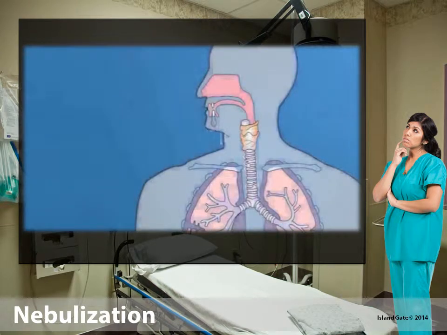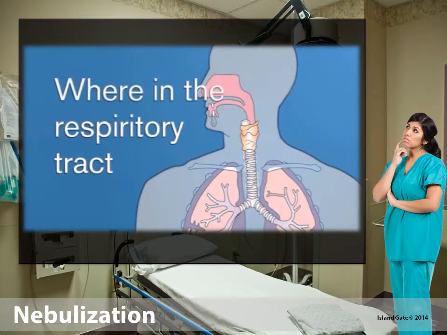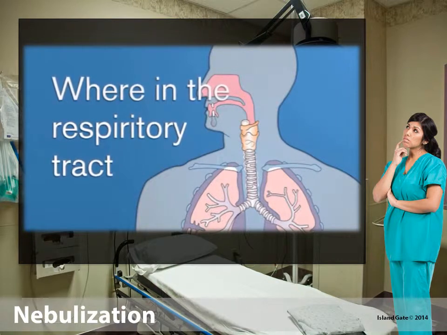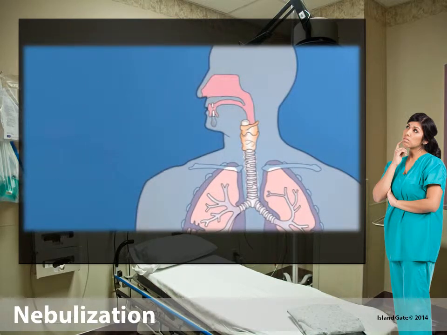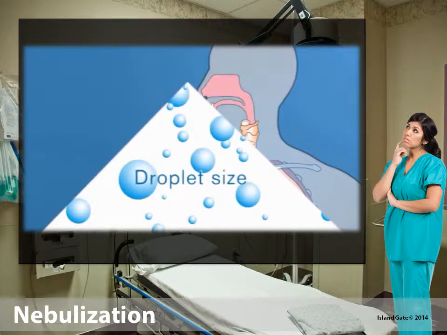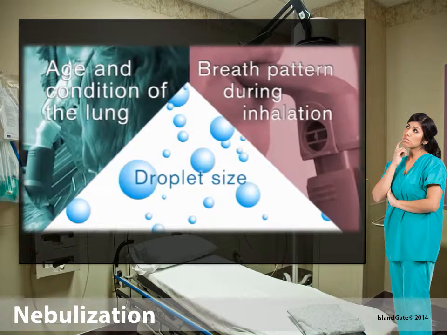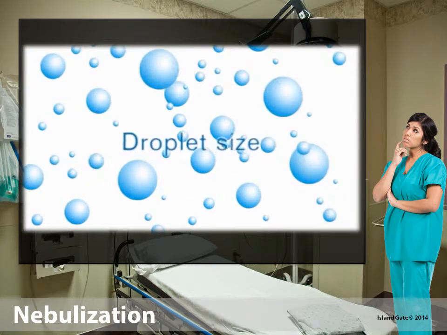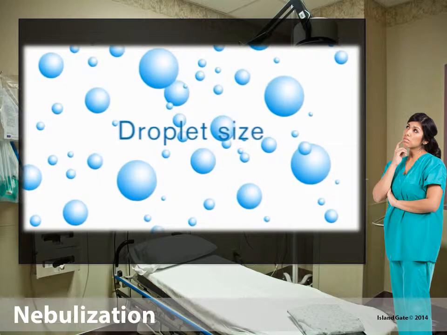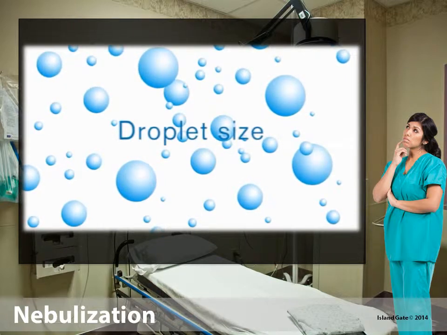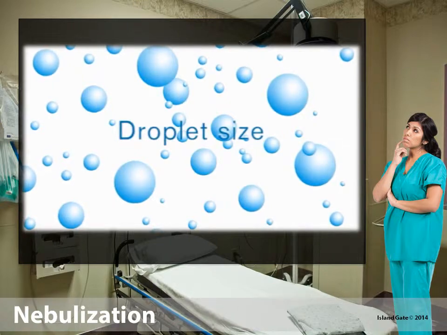There are three main factors which determine where in the respiratory tract a nebulized drug droplet will deposit: droplet size, breath pattern during inhalation, and age and condition of the lung. The easiest parameter to control is droplet size. This is the main factor which determines where the nebulized drug is deposited.